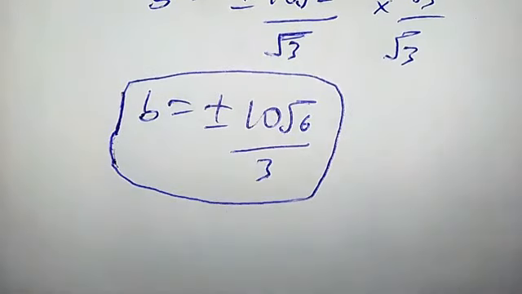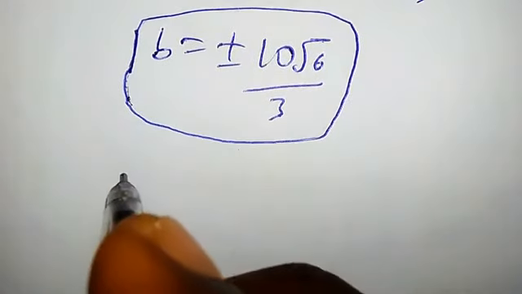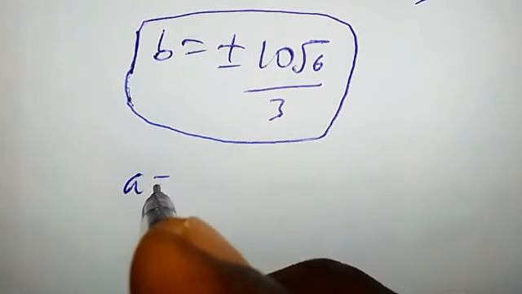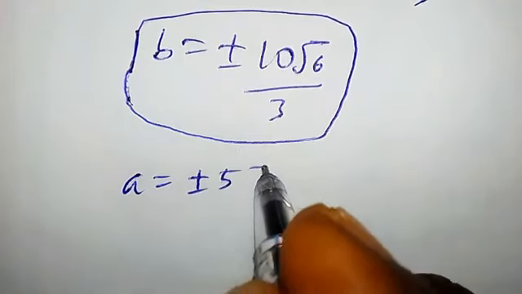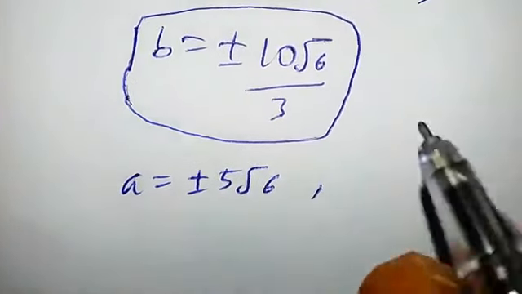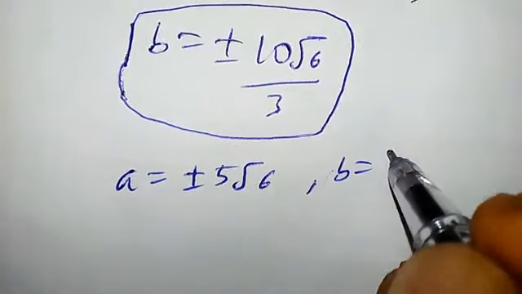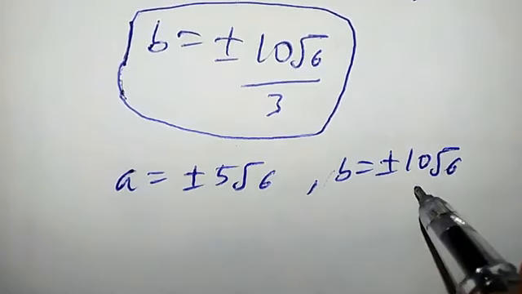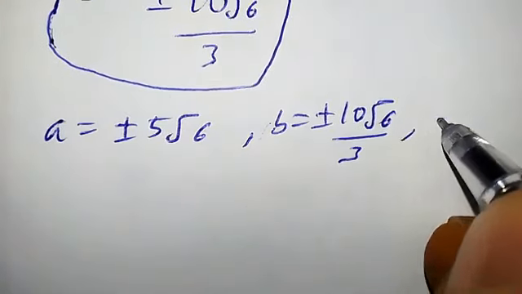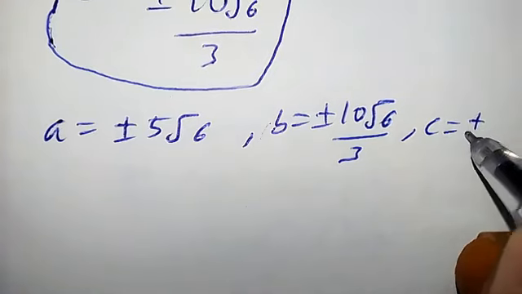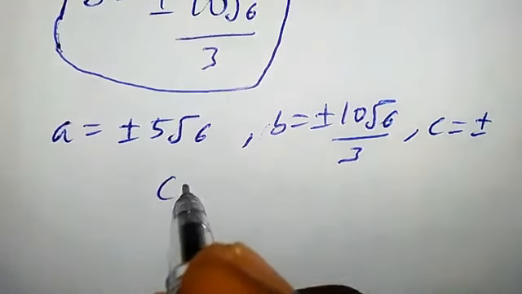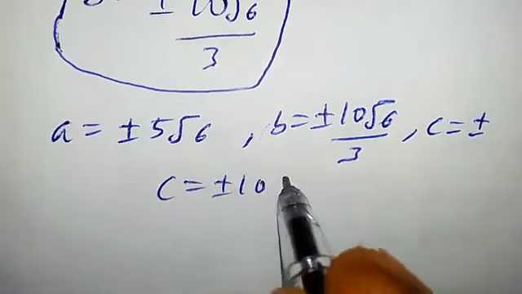But our aim is to find A plus B plus C. So let's do that. Recall that the value of A that we obtained is plus or minus 5 root 6, and B is plus or minus 10 root 6 over 3, and C is plus or minus 10 root 6.